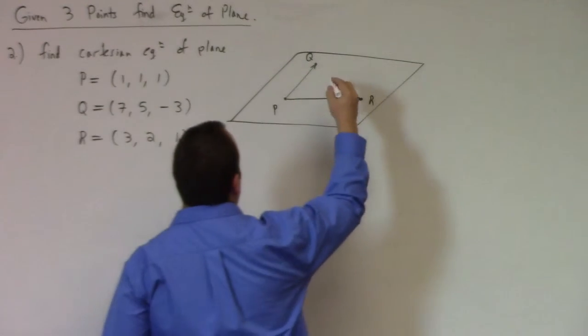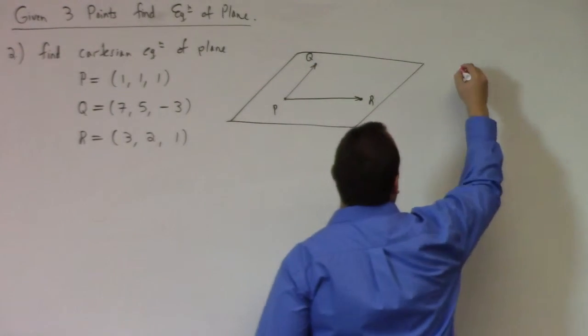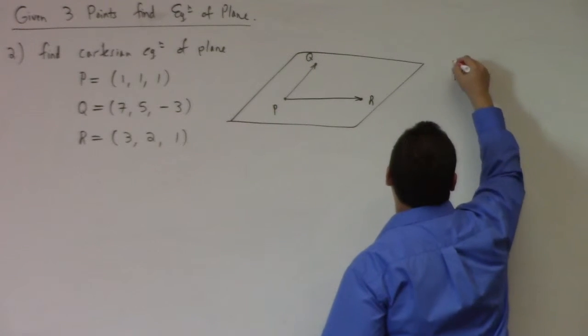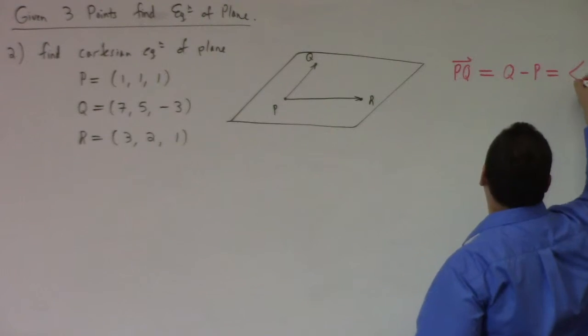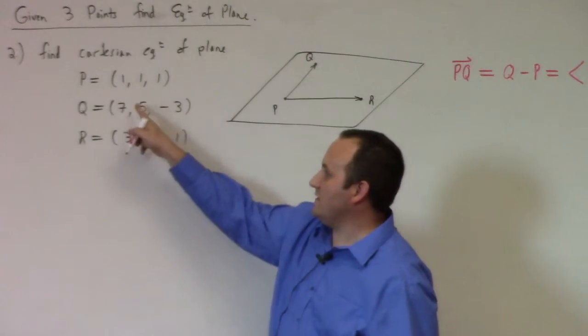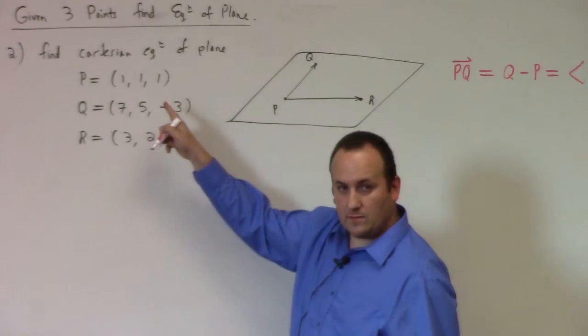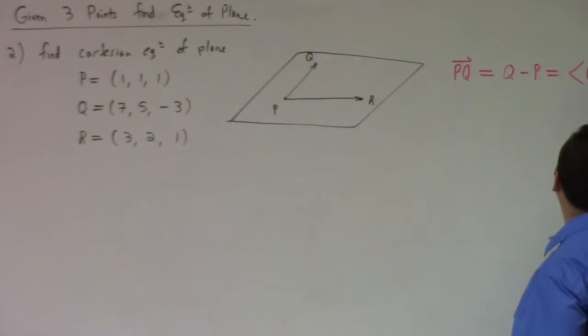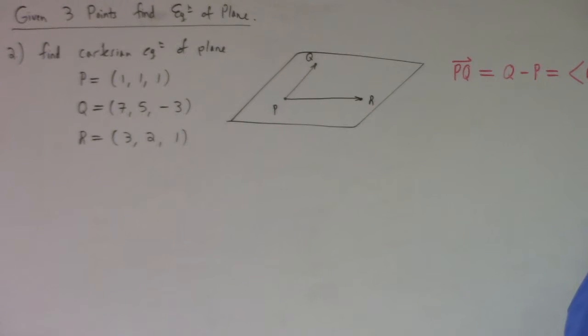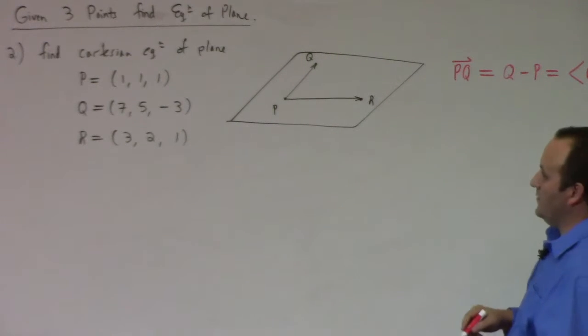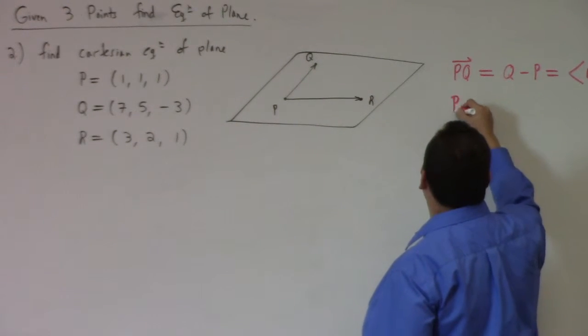So, for example, PQ is what? Q minus P, right? So Q minus P is what? (6, 4, -4), right? And what's PR?